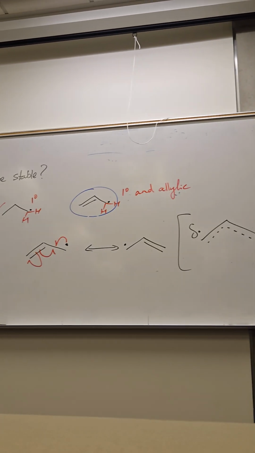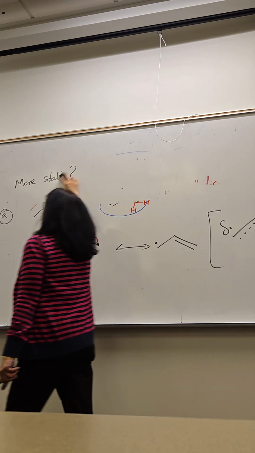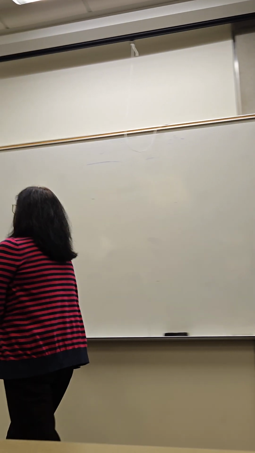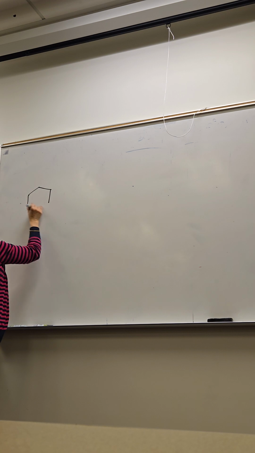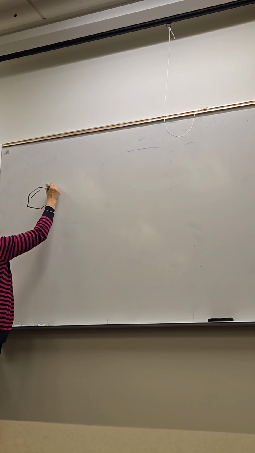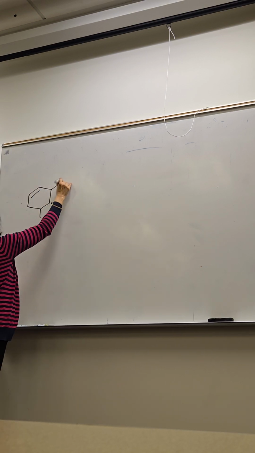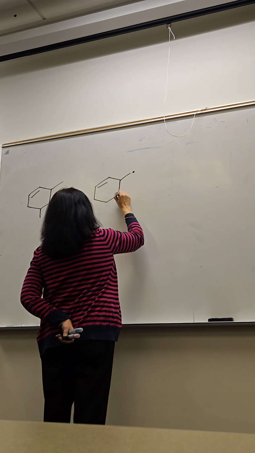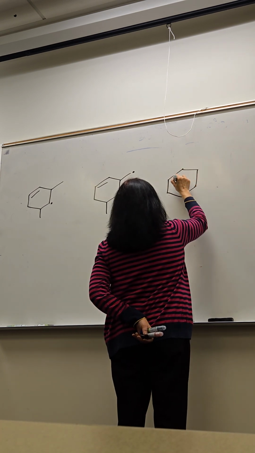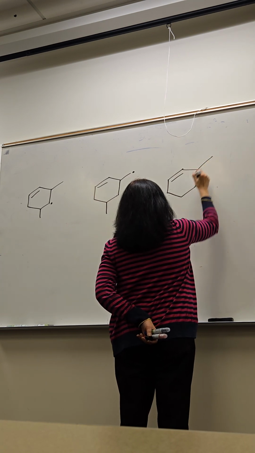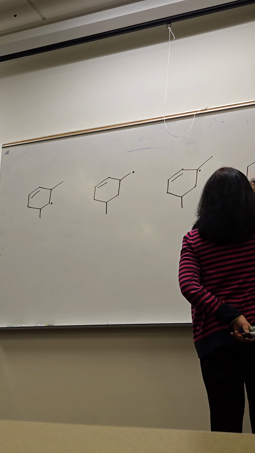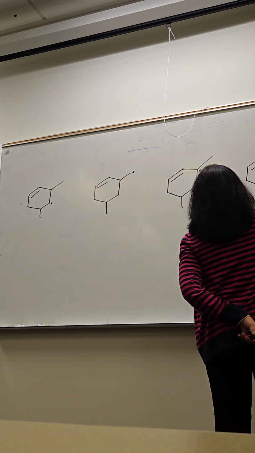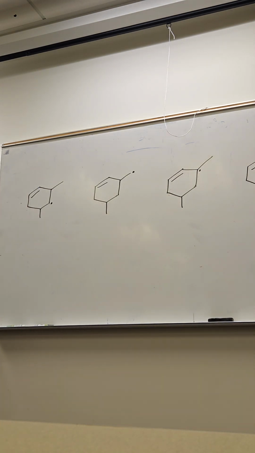I'm going to draw some radicals. You need to arrange them in increasing order of stability. We have four free radicals here.